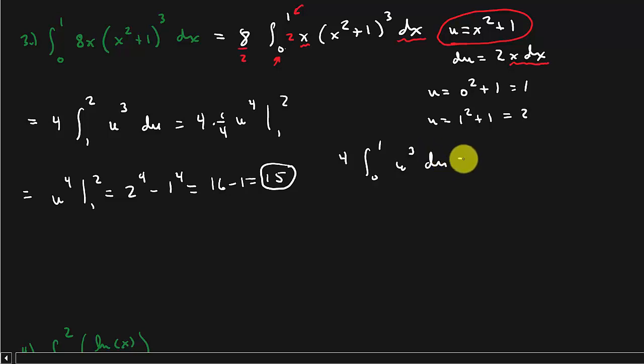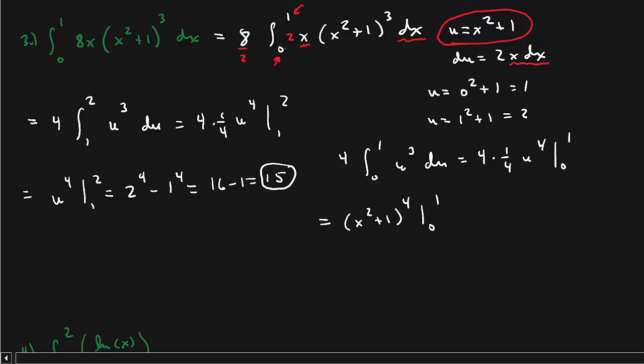So that would give us 4 times 1/4 u to the 4th from 0 to 1, which is equal to x squared plus 1 to the 4th from 0 to 1. Because the 4 times 1/4 is 1, and I'm just left with u to the 4th.